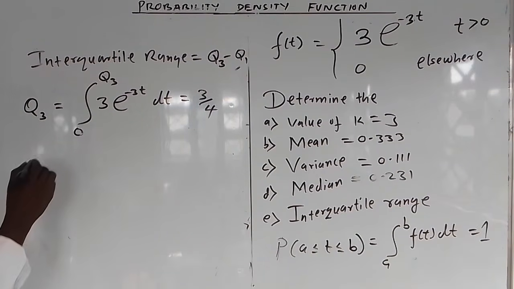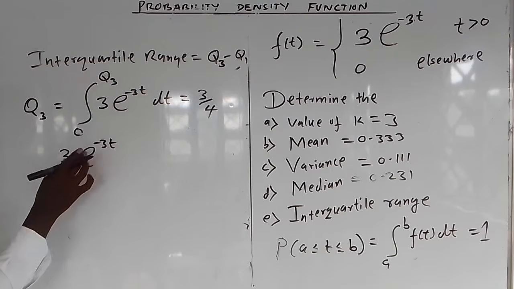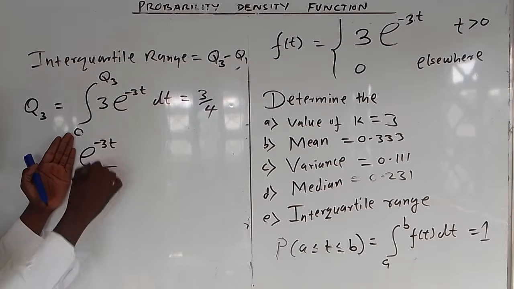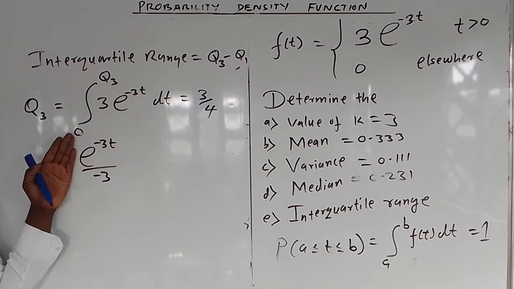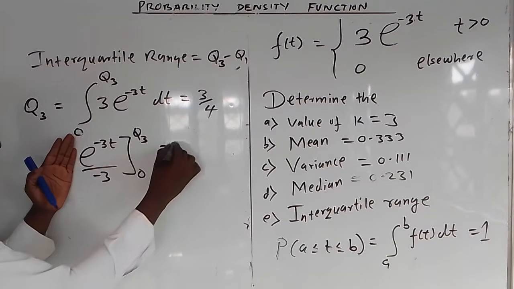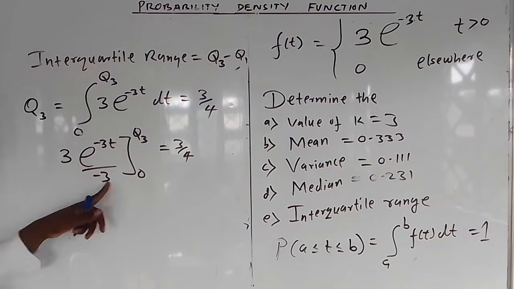Integrate. Now if you integrate exponential negative 3t, it remains the way it is. This 3 is a constant, it's outside, isn't it? Then you divide by the derivative of the inner function, which is negative 3. Are you seeing that? Then you put the limits from 0 to q3 to be equals to 3 over 4. So 3 goes with 3, you remain with the negative.